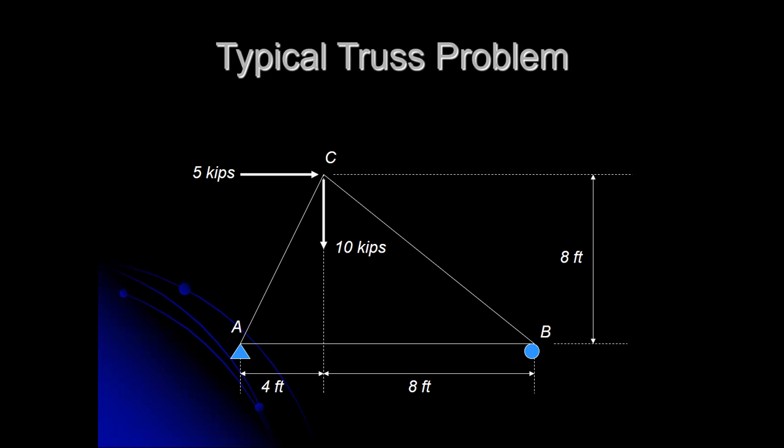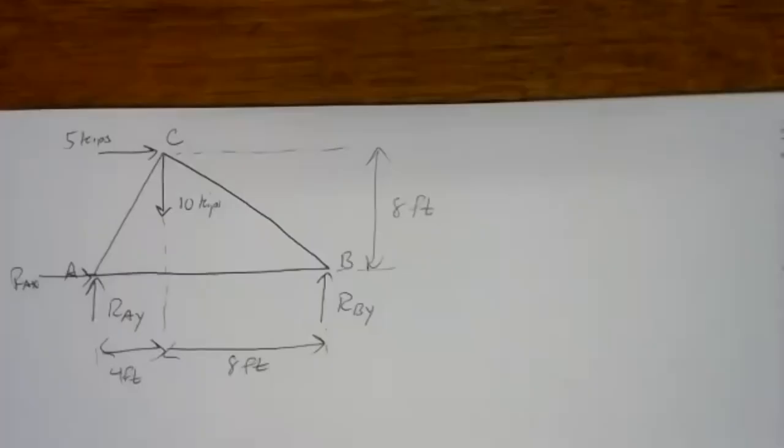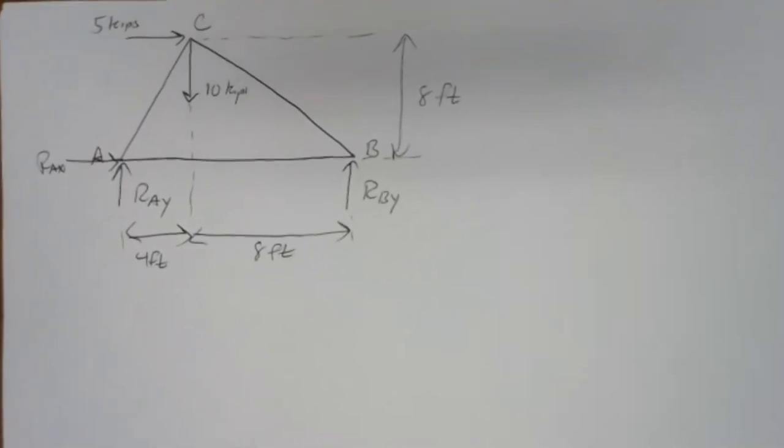And then we have some geometry. We've got 4 feet from A to the line of action of that 10-kip force. And then we've got 8 feet from that line of action to B. So our free body diagram looks something like that.